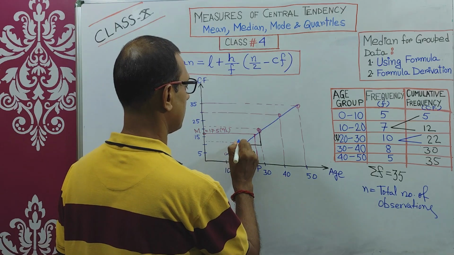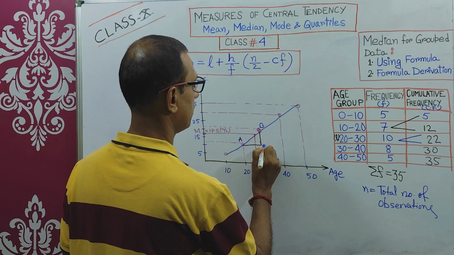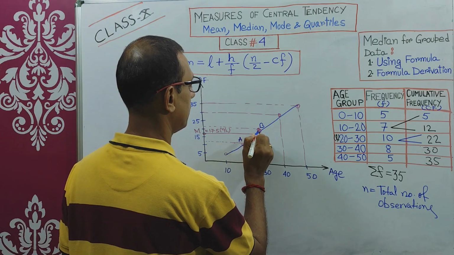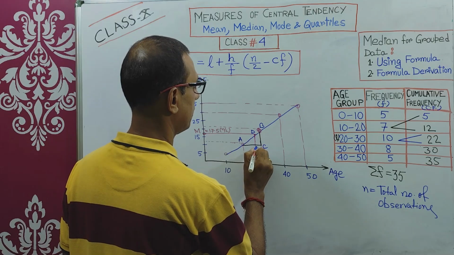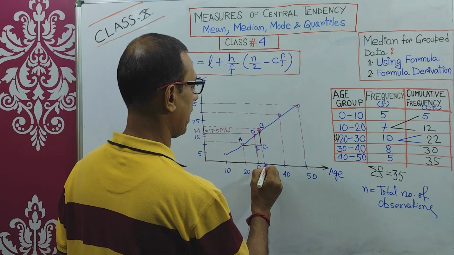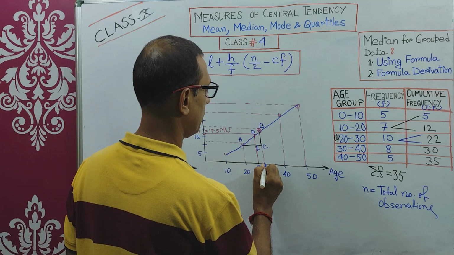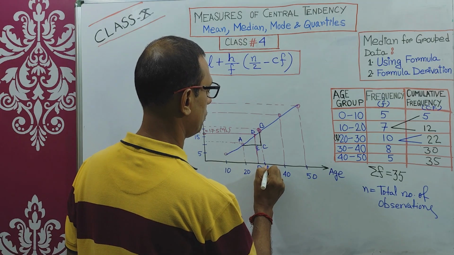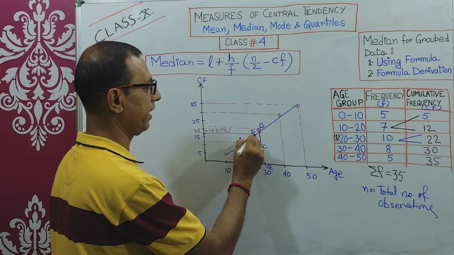Let's say this one is A, this point is B, C, D, this one is E, this is P, and this one is Q.